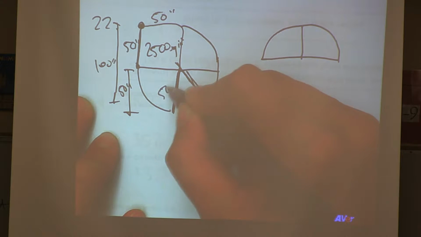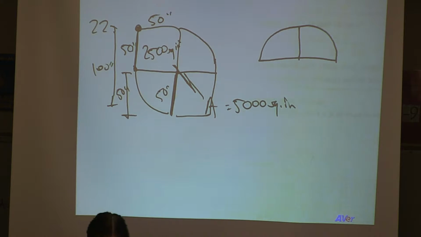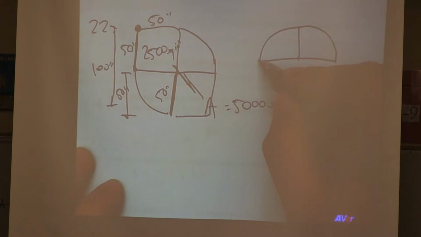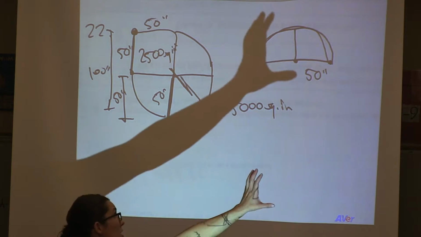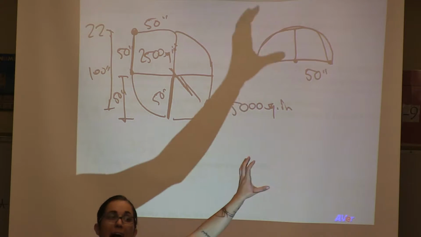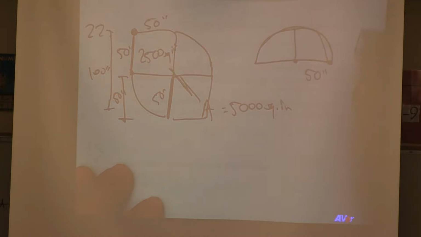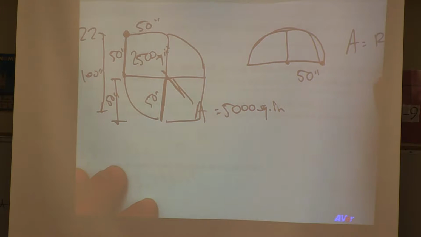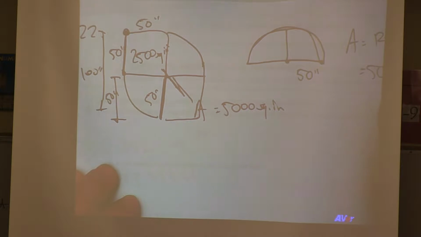This radius right here is 50 inches. So I'll join the two of those, with a radius of 50 inches, and I'm finding the area of half of that circle. I know the area formula for a circle is r squared times pi. Since my radius is 50, that's 50 squared times pi.